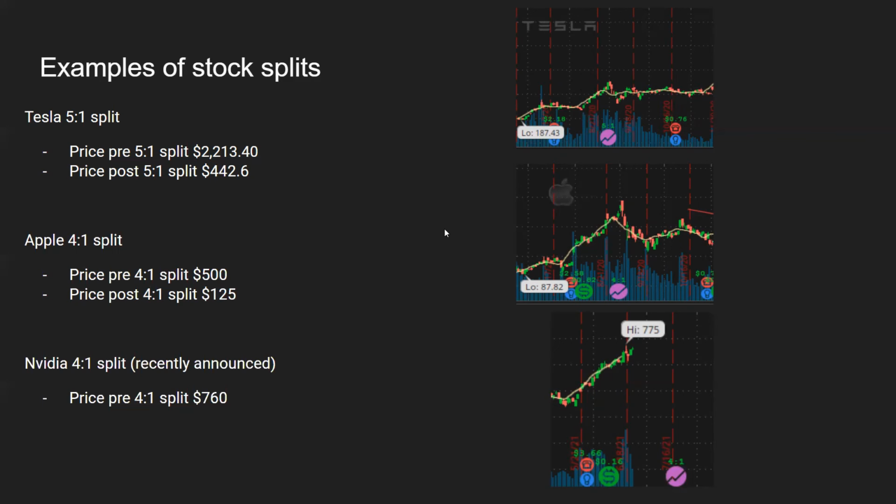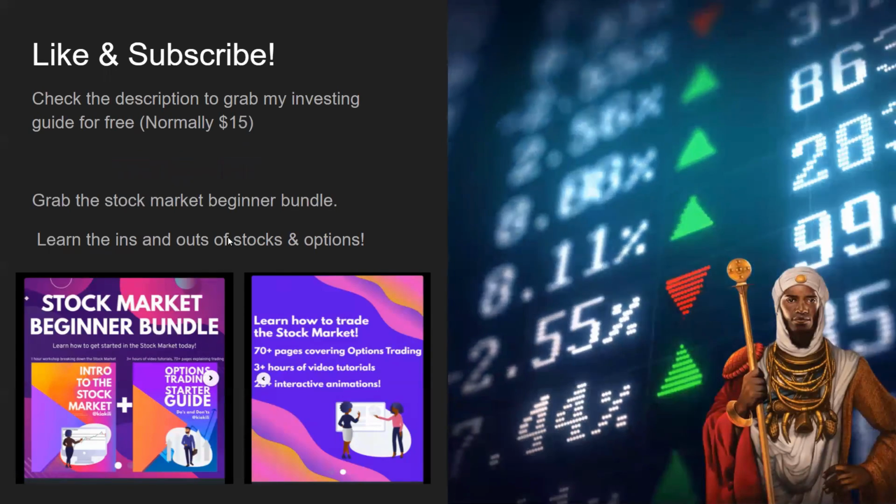So that's an opportunity out there. If you know what that means, take advantage of that. The price post-split for Nvidia is to be determined because it's still running up, still climbing.